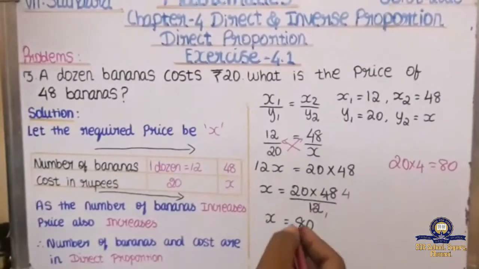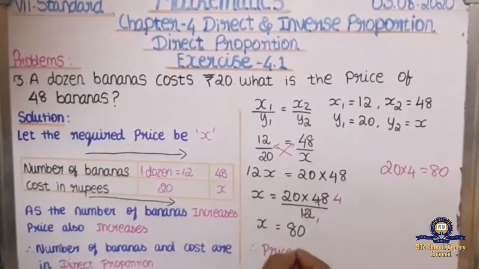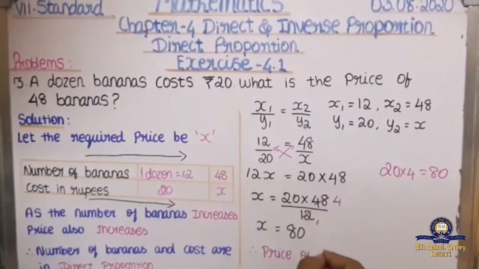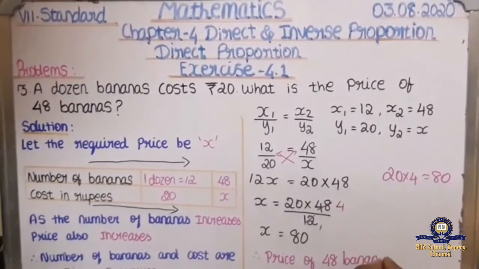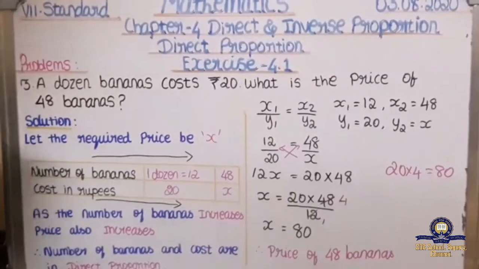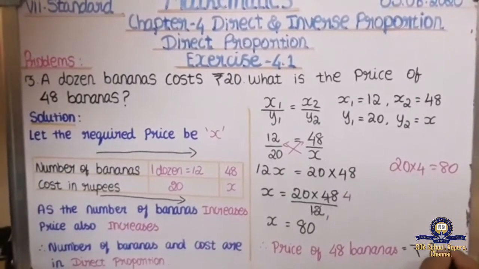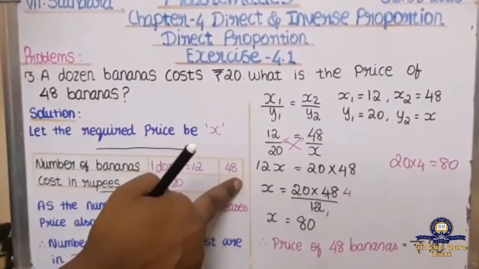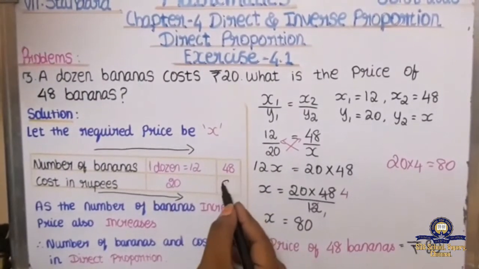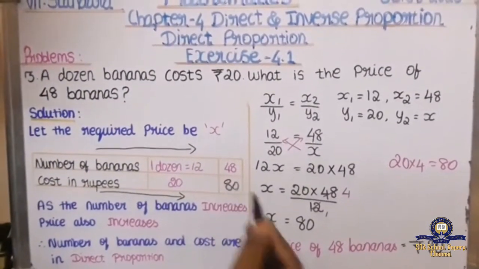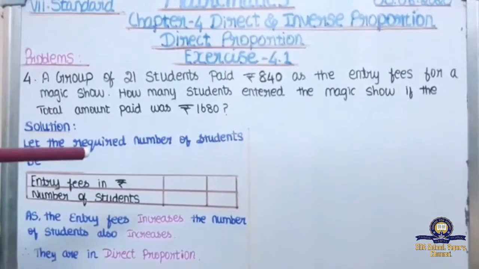From this, we can say that the price of 48 bananas is equal to rupees 80. Therefore, here the rate of 48 bananas is rupees 80. Did you understand, students? Now we move on to our next problem.